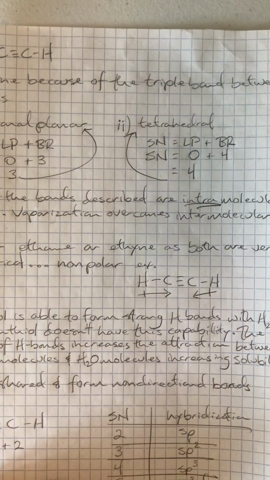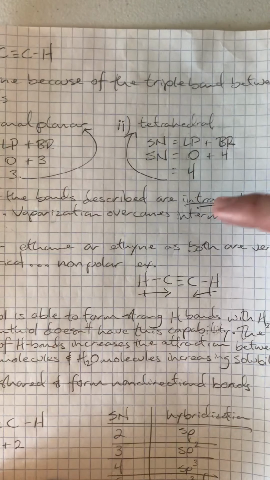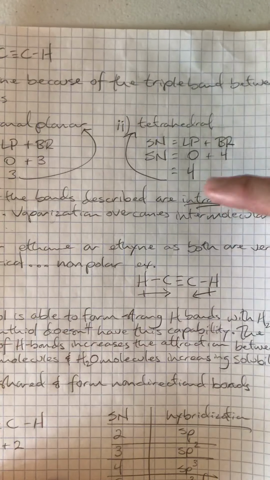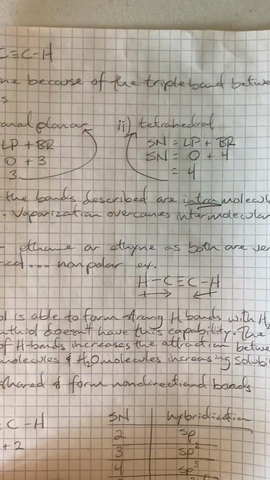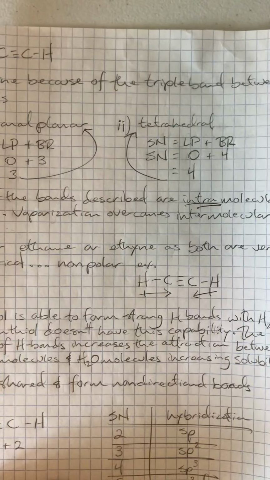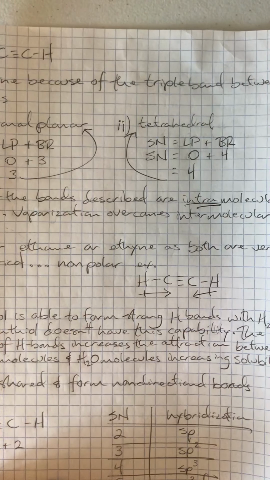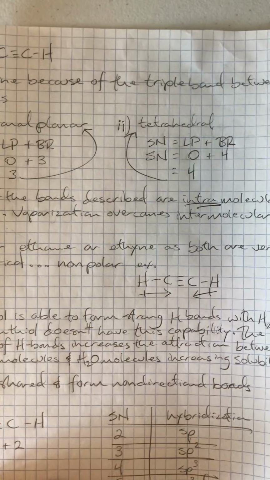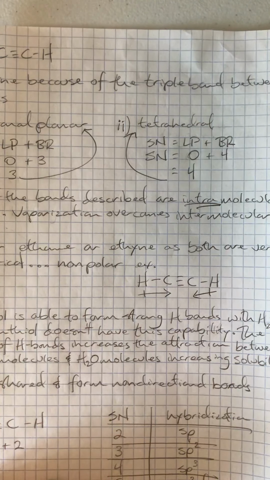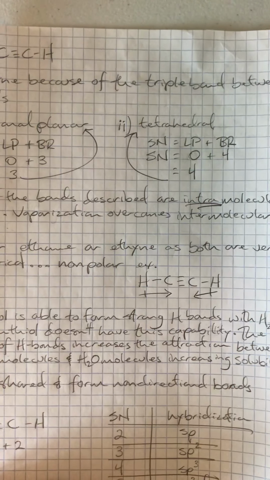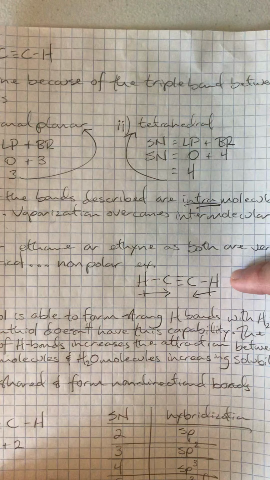Energy required to boil ethanol. The big thing is this: all the bonds that are described are intramolecular forces, and vaporization overcomes intermolecular forces, not intra. Which of the compounds is nonpolar? Either ethane or ethyne, because they are very symmetrical and thus nonpolar.